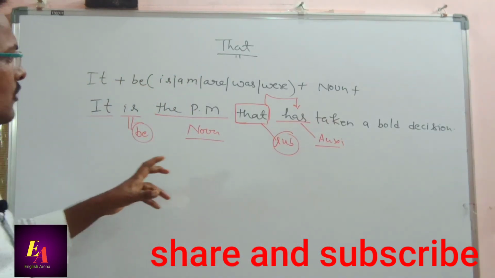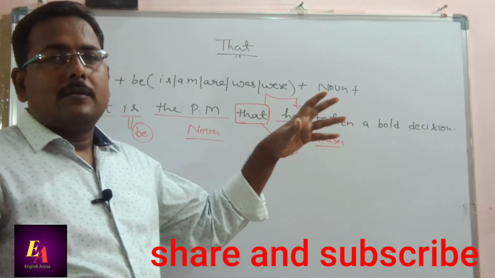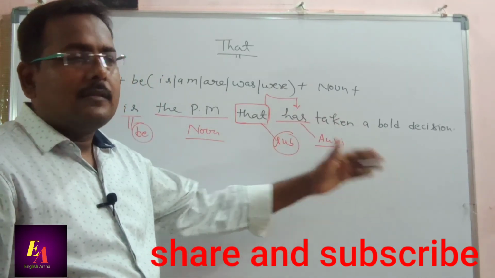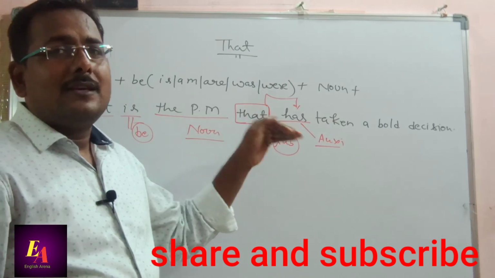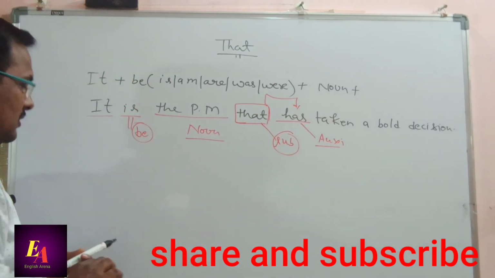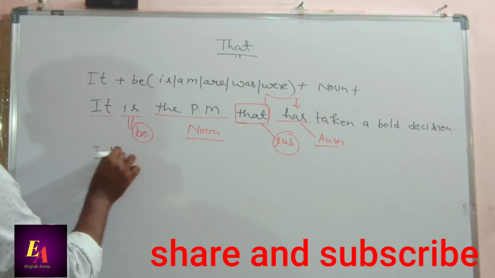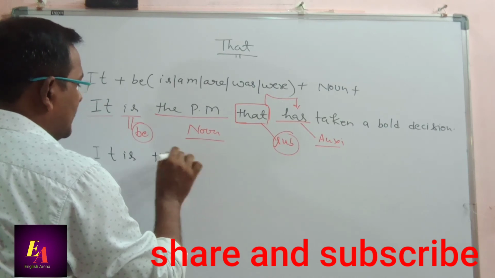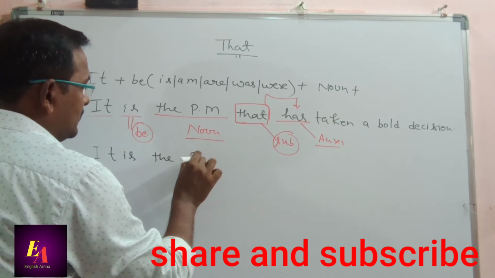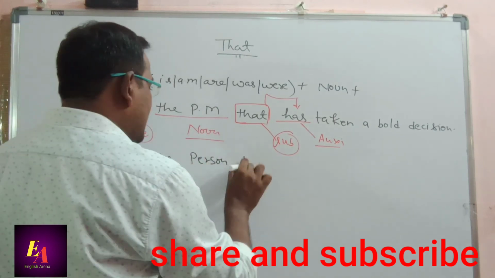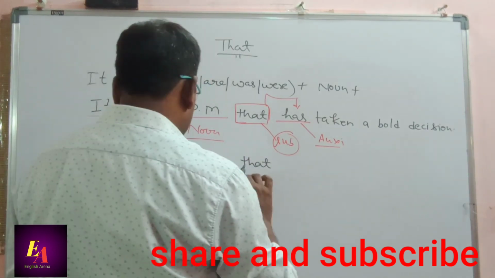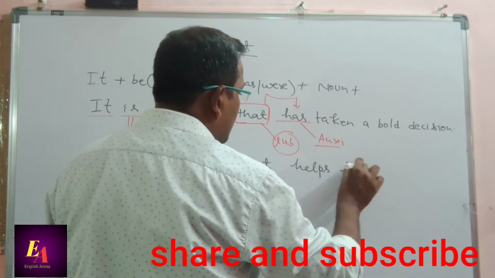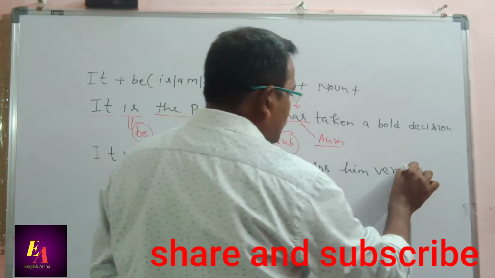So friends, you can see here, this is a very unique and good idea to recognize the things related to the use of that. Let's see some more examples. It is the person that helps him very much.